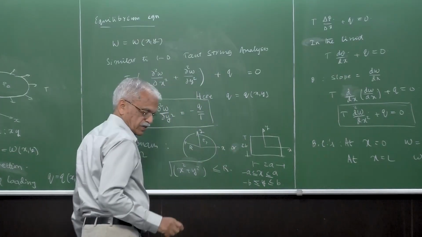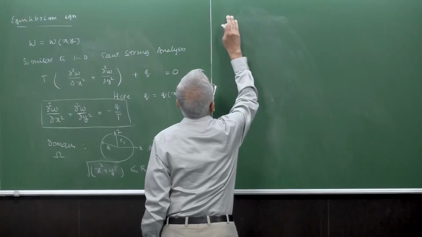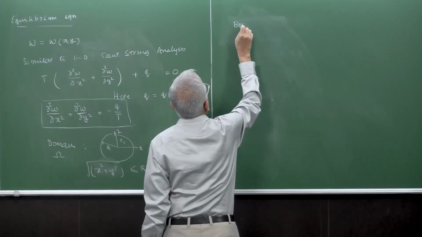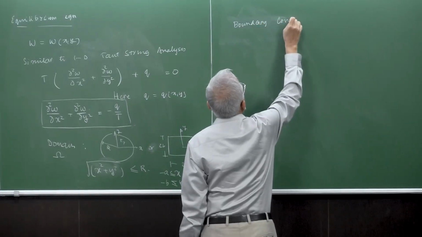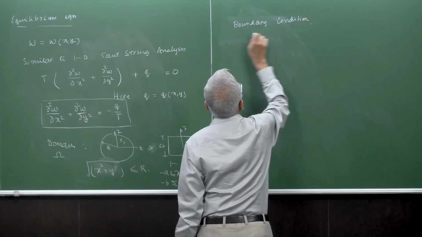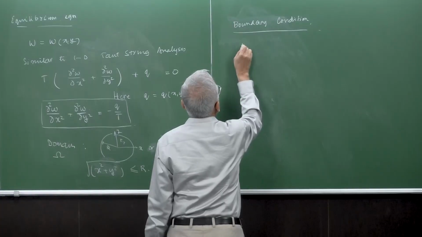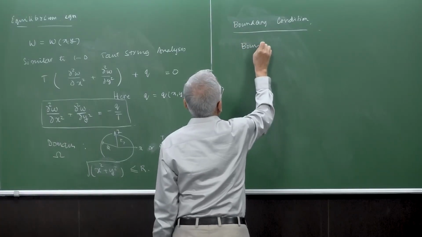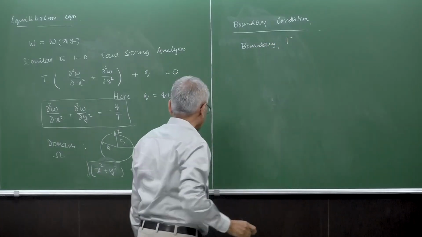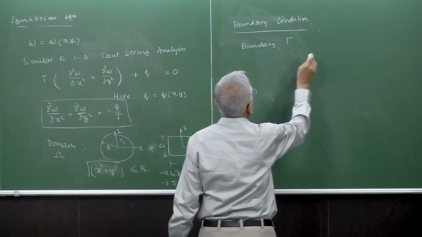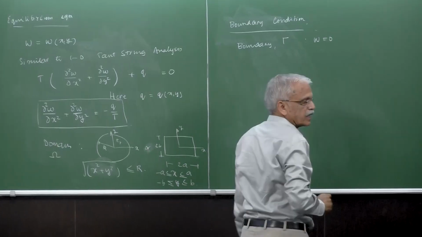So what is the boundary condition? Just like we have done in 1D, the boundary condition here, where the boundary is gamma, which we represent by gamma here, is W equal to 0 on gamma.